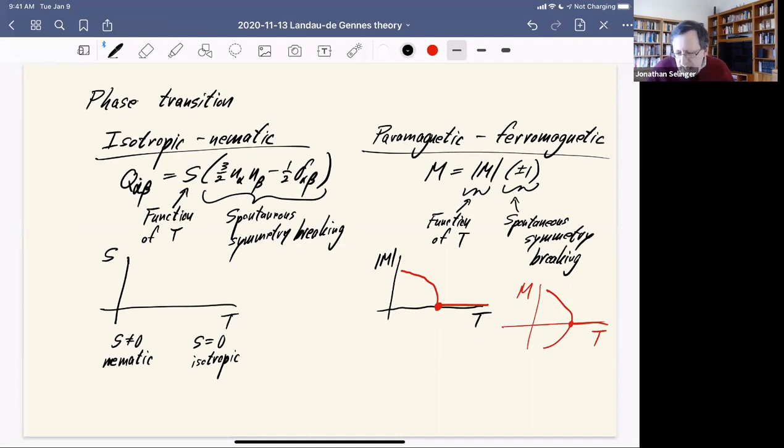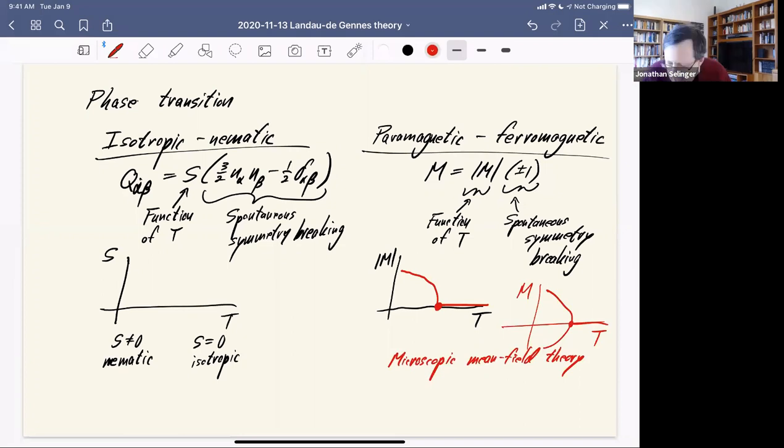Right. Well, in the magnetic case, you remember we had two theoretical approaches, right? So one theoretical approach was the microscopic mean field theory. That is, we had a model involving a lot of interacting spins, and we couldn't solve that model exactly, but with the mean field approximation, we could solve it approximately.